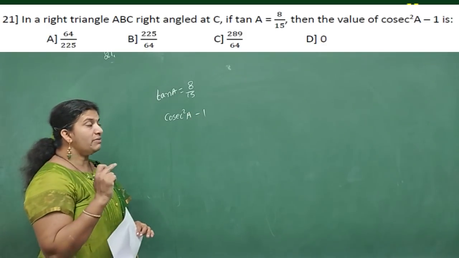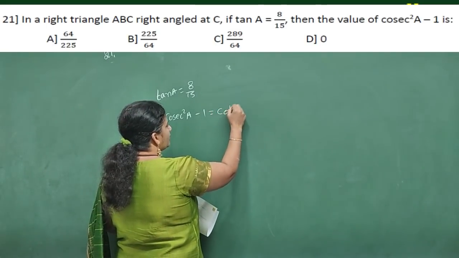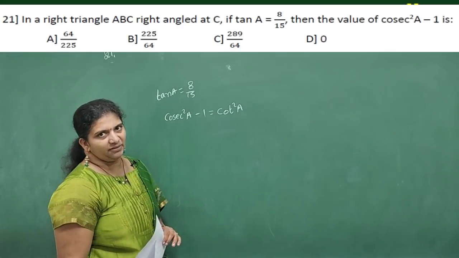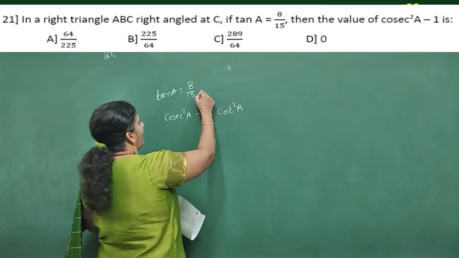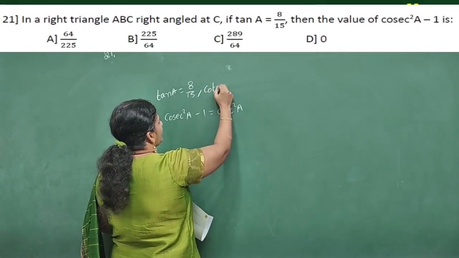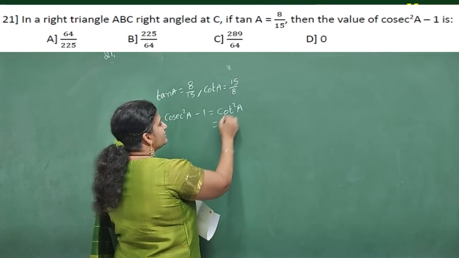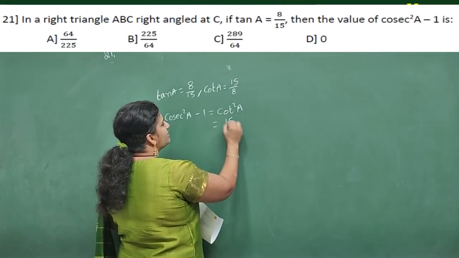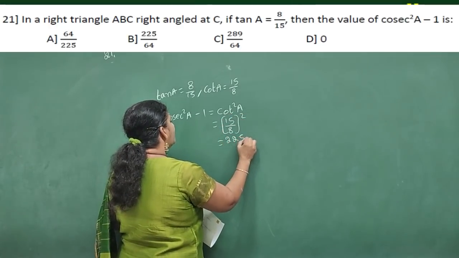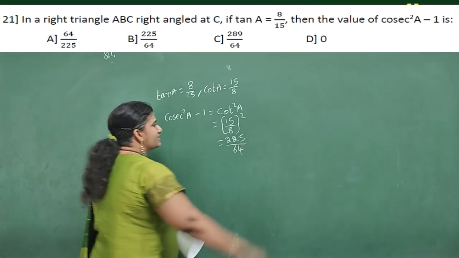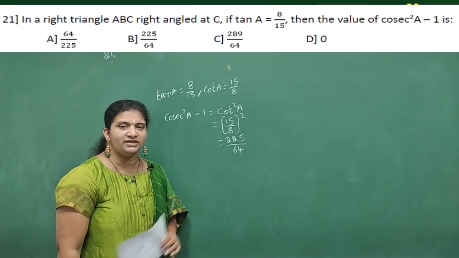Look here, I remember an identity: cosecant square A minus 1 is cot square A. I know tan A is 8 by 15, so cot A is the reciprocal, that is 15 by 8. Substitute: cot square A is 15 by 8 whole square. 15 15s are 225, 8 8s are 64. Therefore, cosecant square A minus 1 is 225 by 64.